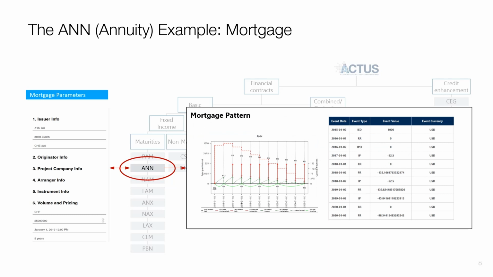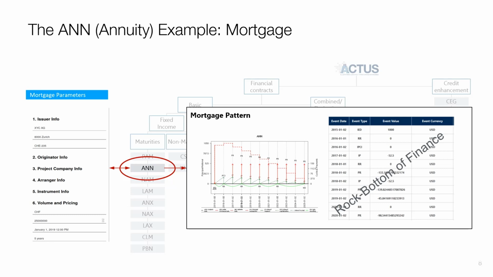This code, or the algorithms related to ANN, can be executed, and it generates this payment or cash flow exchange pattern, which is also shown here in tabular form to the right. This table represents rock bottom of finance, from where any other number of interest, any type of value, cash flow, income, profitability, any sensitivity or risk number is derived.